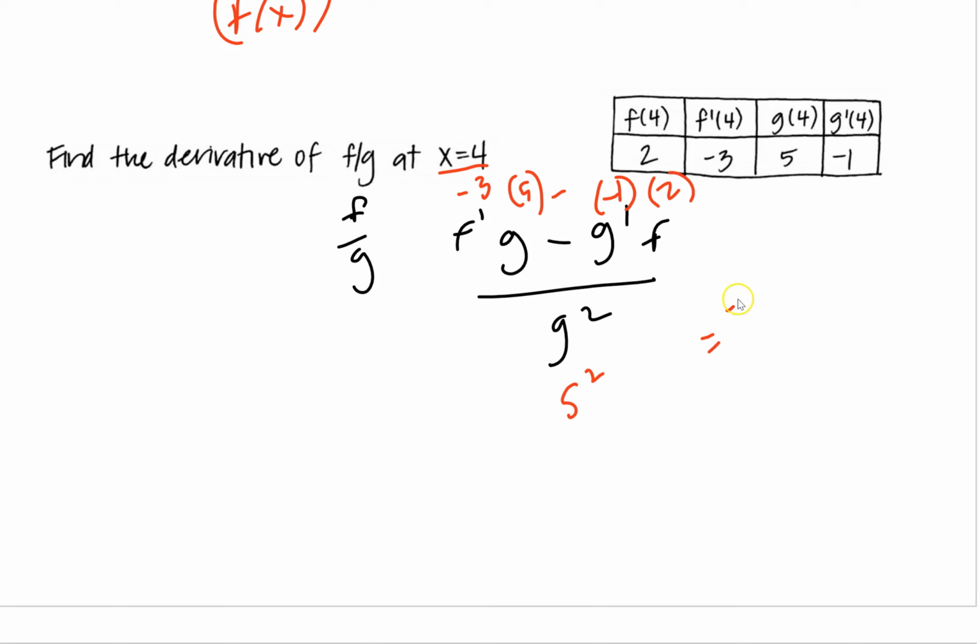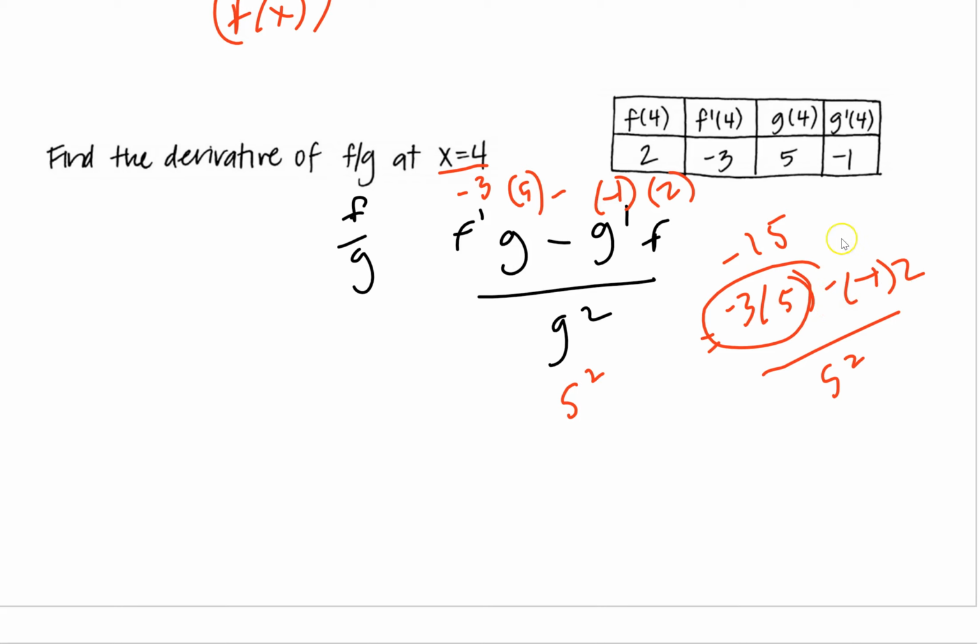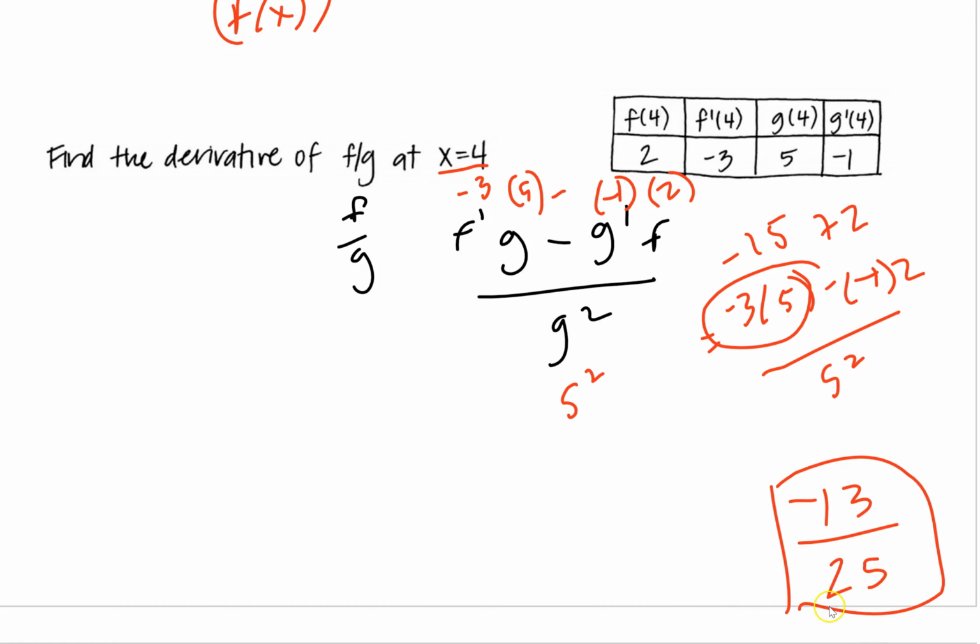So I'm going to have negative 3 times 5 minus negative 1 times 2 all over 5 squared. So this would be negative 15. Negative 1 times 2 is a positive 2. So on the top I have negative 13. On the bottom I have 5 squared, which is 25. And that's the idea. And that's the quotient rule.